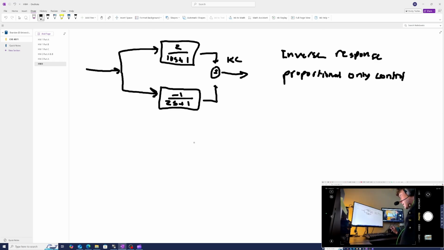For the next part of homework 4, part C, we're going to be looking at a system with an inverse response and a proportional only controller.